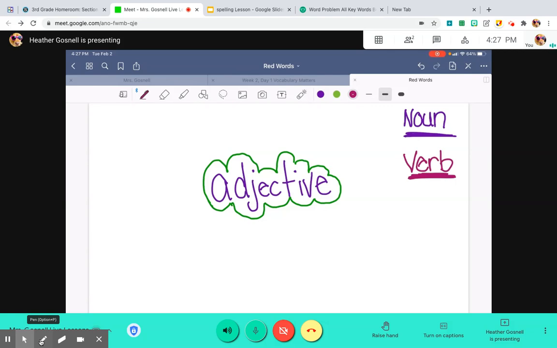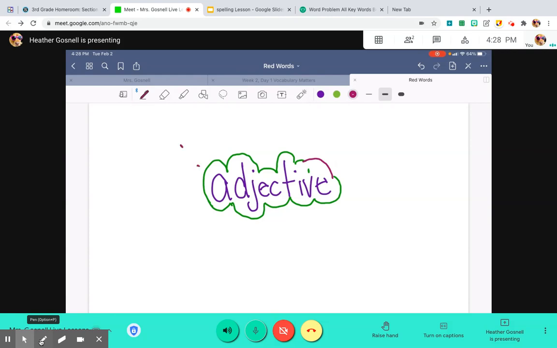Well, adjectives fall into this same category of parts of speech. It cannot function without a noun. An adjective's main job, because all parts of speech have a job, is to help the noun out.